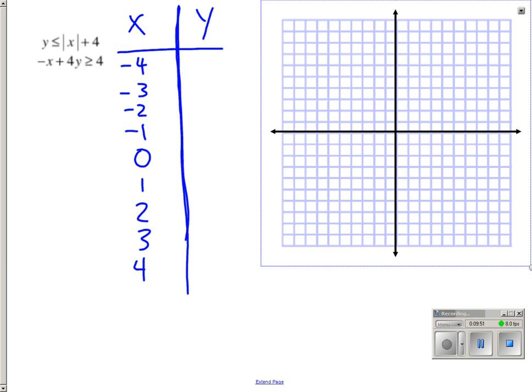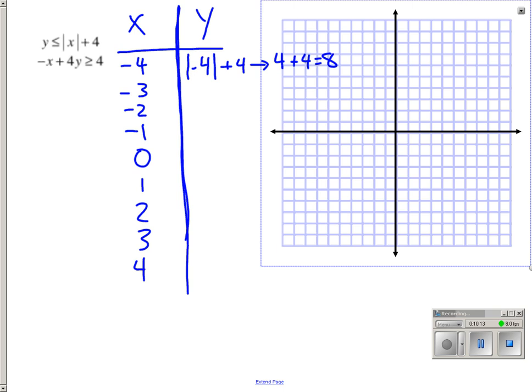Now, the absolute value of x, the absolute value means the distance from 0, or just simply make all the numbers positive. So I'm going to take my absolute value of -4, and I'll show you in this example. The absolute value of -4 plus 4 is going to be translated to, change it to a positive, and then add 4, so we get the number 8.